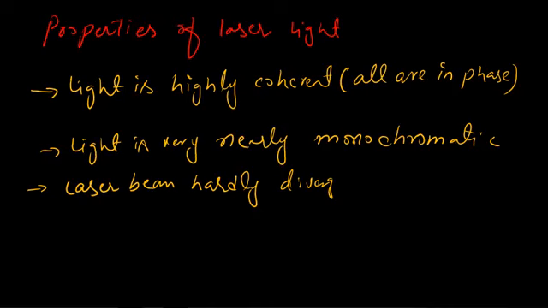This is a very remarkable property of laser light, and because of it we can use laser light in astronomical applications as well as in other applications. For example, we can send a laser beam deep into the sea, and also into space to find some target. So the laser beam hardly diverges from its path.